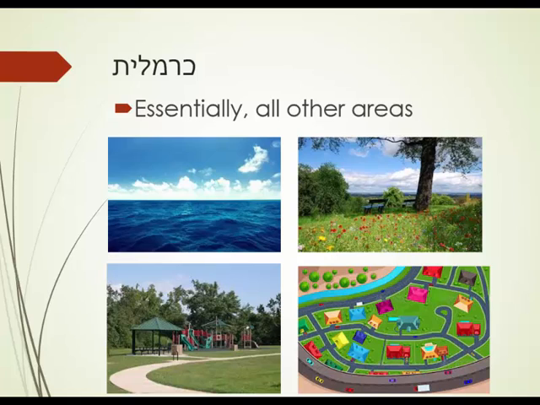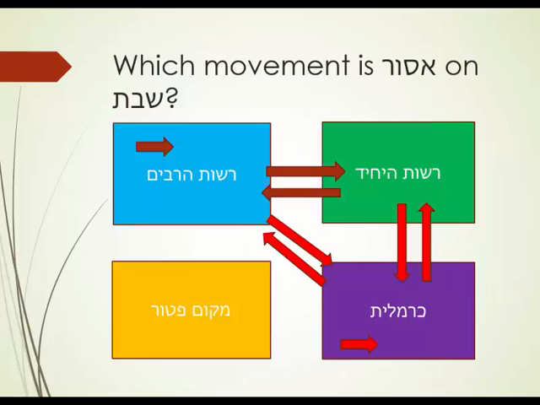They are somewhere in the middle, somewhere between a Reshut HaYachid and Reshut HaRabim, and therefore they have this special category designation as being a Carmelit. The sea, a garden, a playground, most suburban streets will also fall into this category of being a Carmelit.